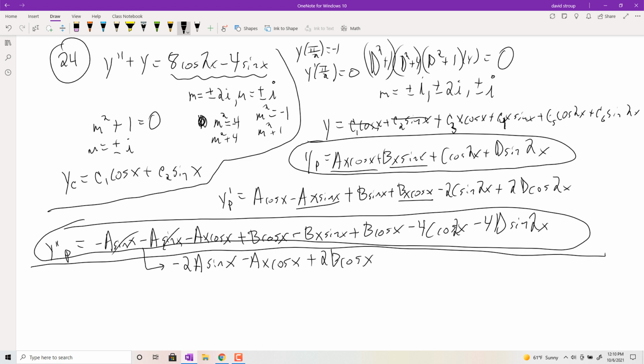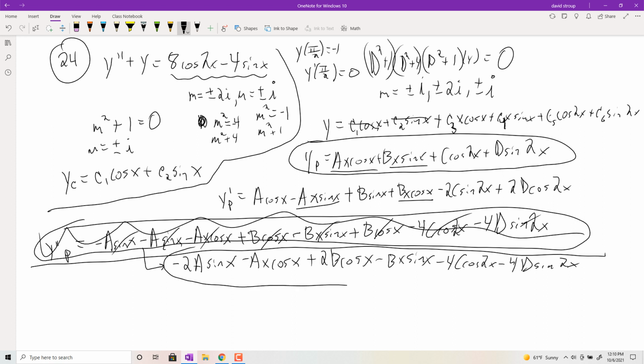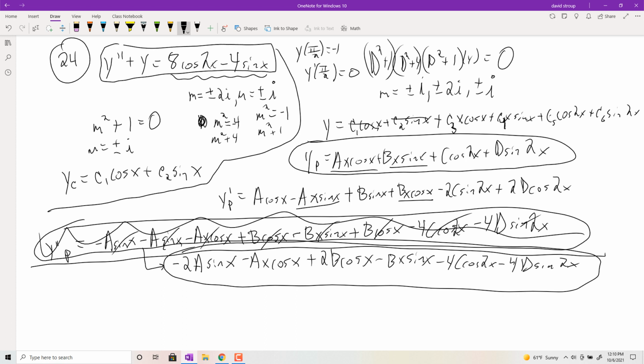Right, so there's 2 of those, and then there's just 1 of those, and then there's 2 of those, minus bx sine x, and then these 2, minus 4c cosine 2x minus 4d sine 2x. Because the differential equation wants y double prime plus y.